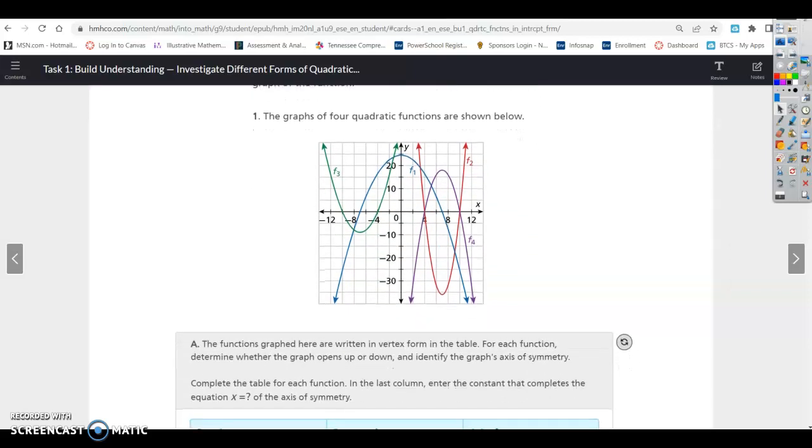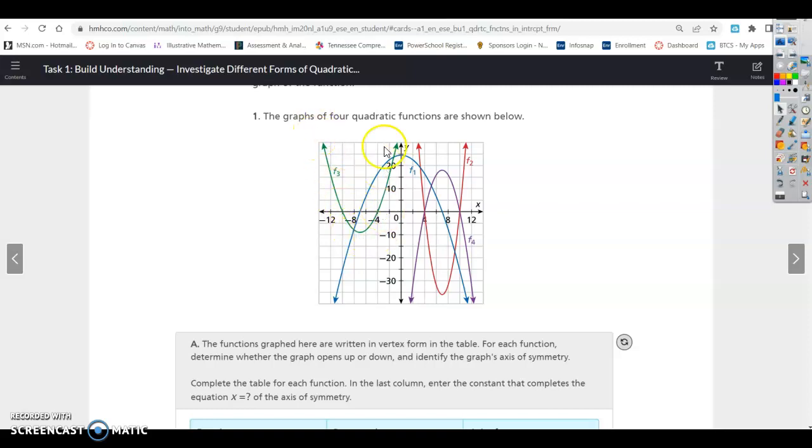All right, so the graphs of four quadratic functions are shown, and if you look here, you can see f of 1 is in blue. You can tell that there's a vertex. There's an axis of symmetry. It goes through, it's the same as the y-axis, and you've got certain points you could find, but you also know that your zeros are where it crosses the x. f of 3 is the green line here. You've got your zeros. You could find your axis of symmetry.